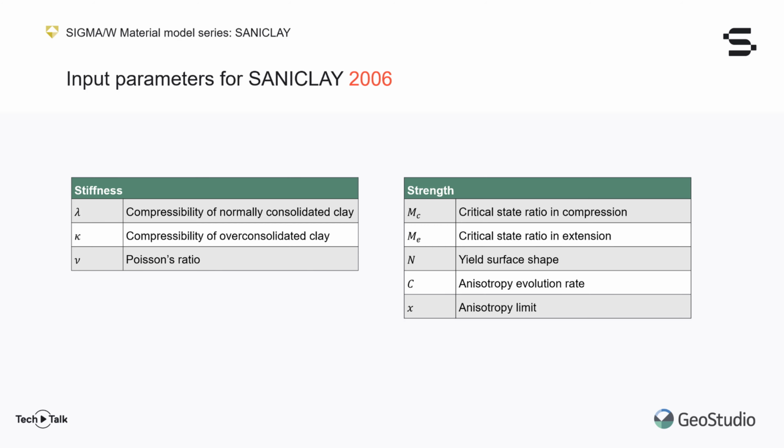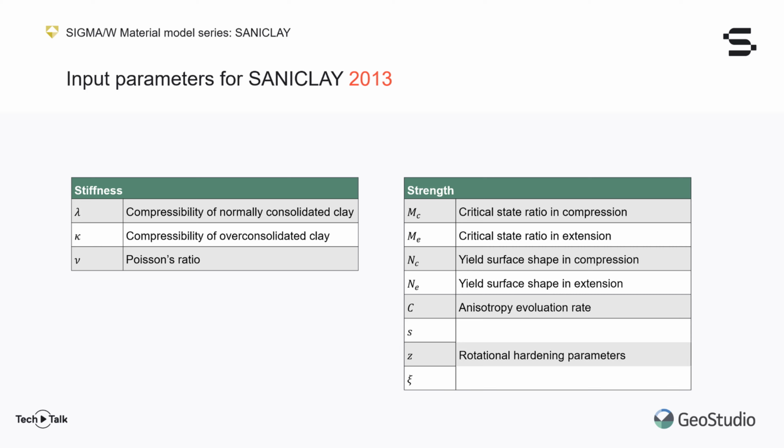For SANICLAY 2013, a different approach is taken for N, the parameter defining the yield surface shape. In this case, different values for N can be used for compression, NC, and extension, NE. This leads to a formulation where N is dependent on the load angle value just as M. C, the anisotropy evolution rate, remains an input parameter in SANICLAY 2013, just like in 2006.